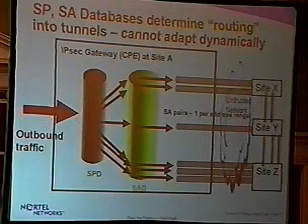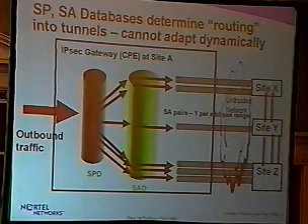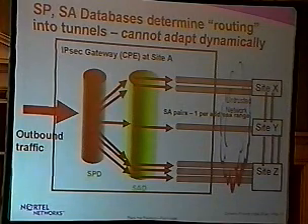And this is a graphic look at the issue. Between site A and site X, let's say there are two networks on site X. That means we need to have two security association pairs. Actually, a security association is a unidirectional mechanism, so you really need a pair of security associations to make one bidirectional connection.